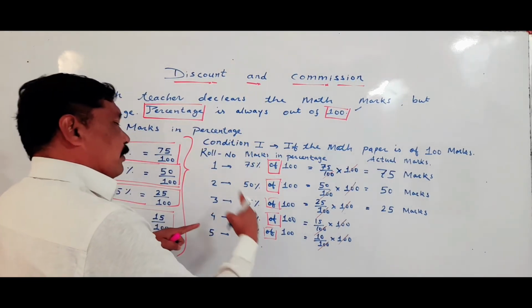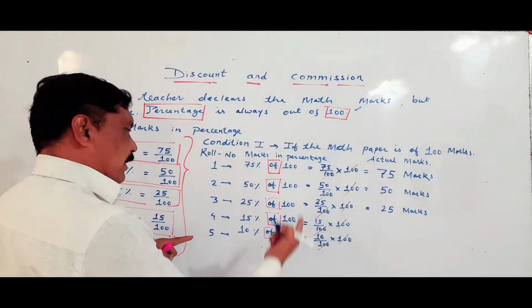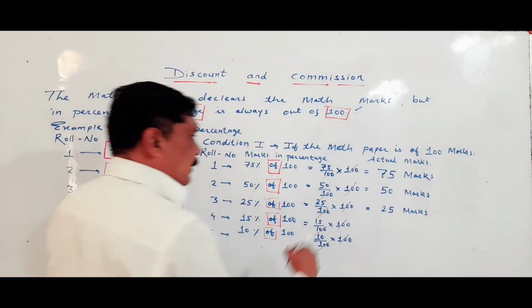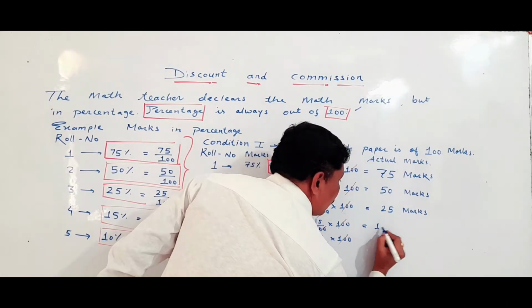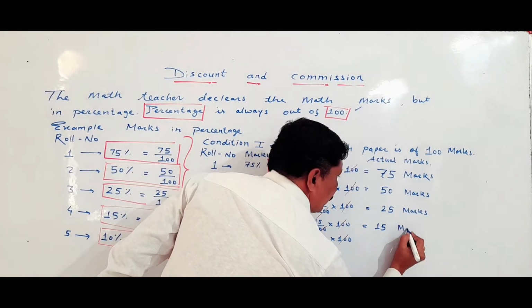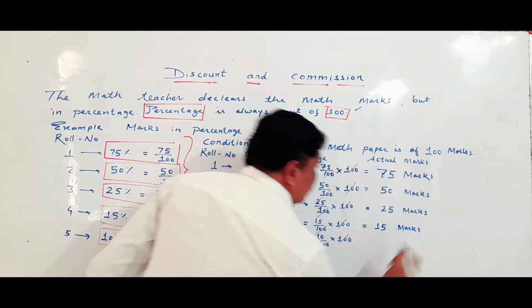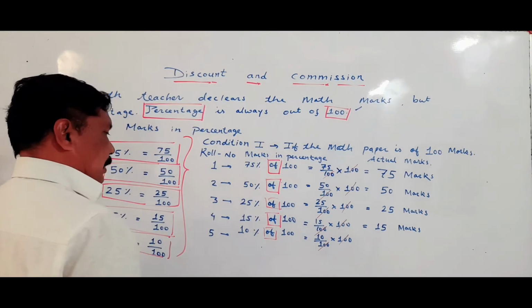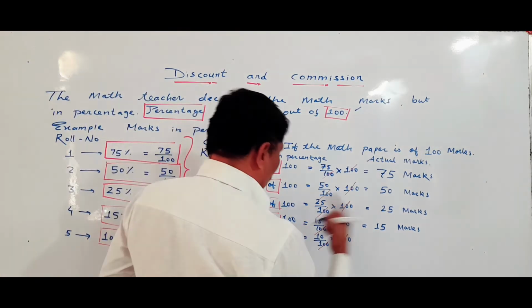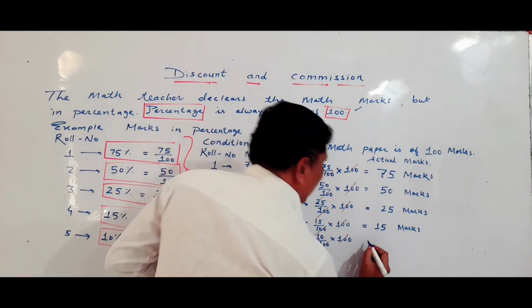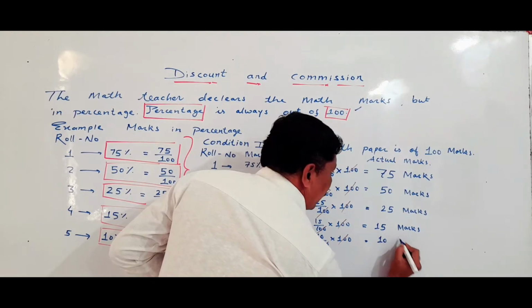Roll number 4 got 50% of 100 marks, means the actual mark he got is 50 marks in the maths paper, and roll number 5 has got 10% of 100, it means he has got 10 marks.